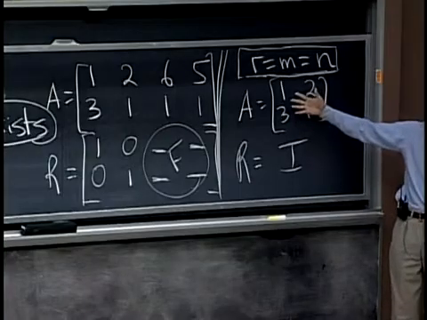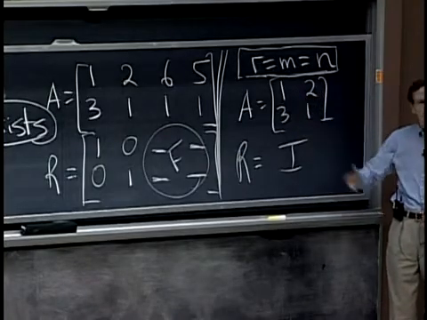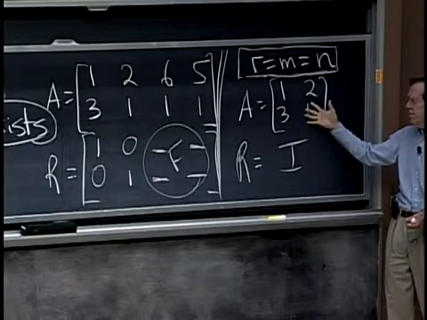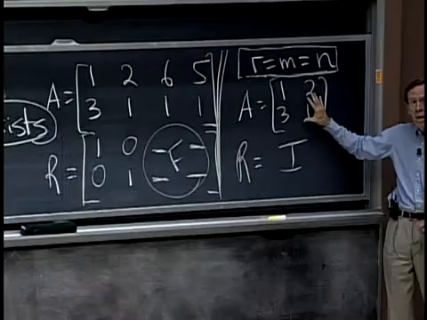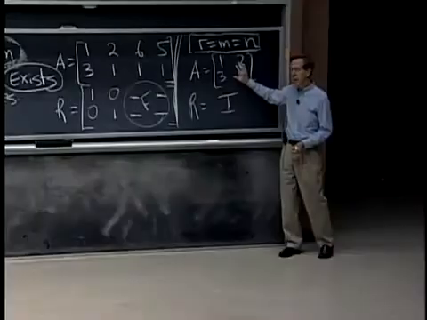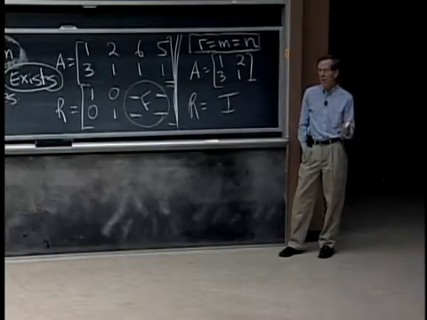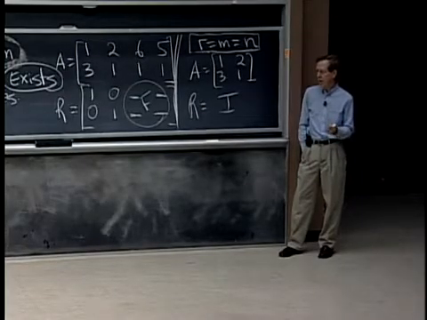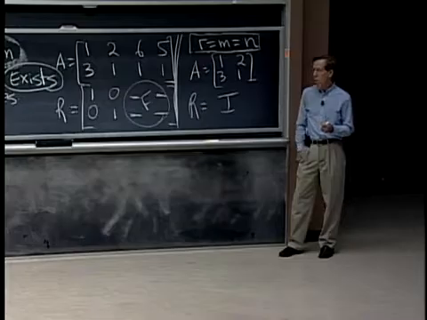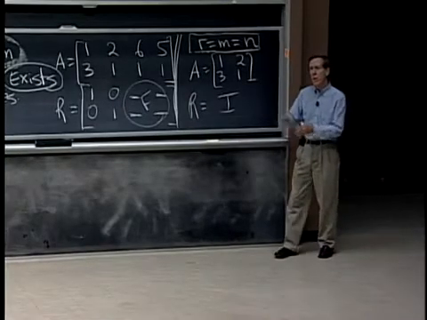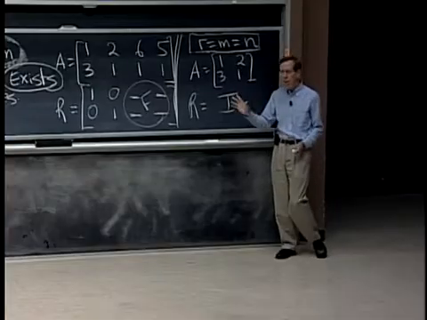What's the null space for this matrix? Can I just hammer away with questions? What's the null space for this matrix? The null space of that matrix is the 0 vector only. What are the conditions to solve AX equal B? Which right-hand sides B are okay?